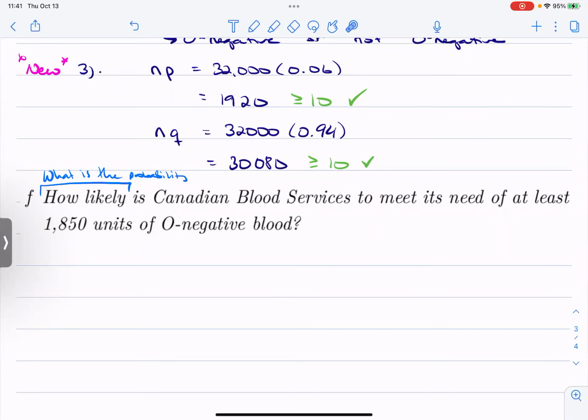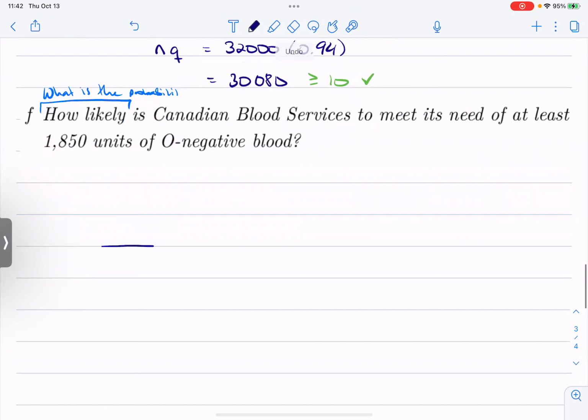Okay, so we have said, okay, we're allowed to use the normal approximation, which means I can draw a normal distribution. Start mapping out my problems here, or singular problem.